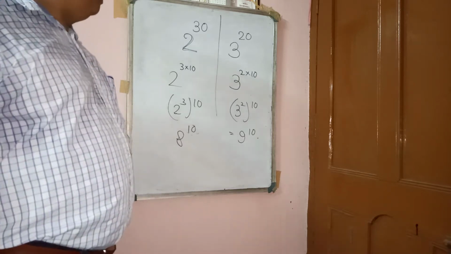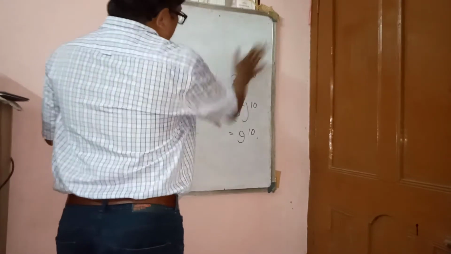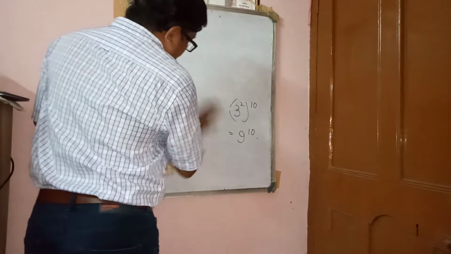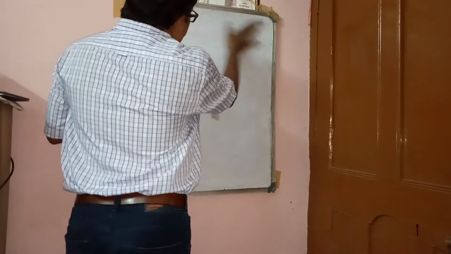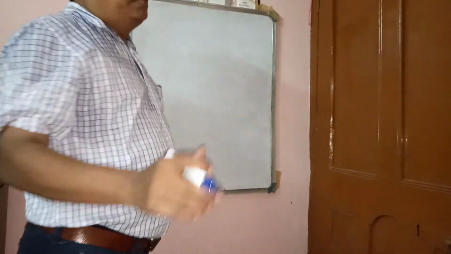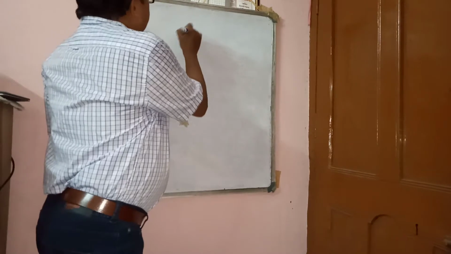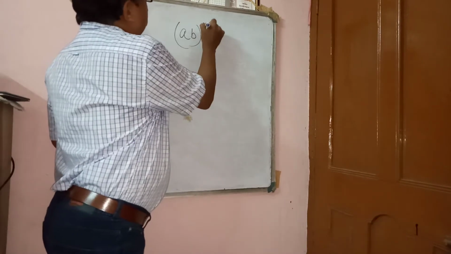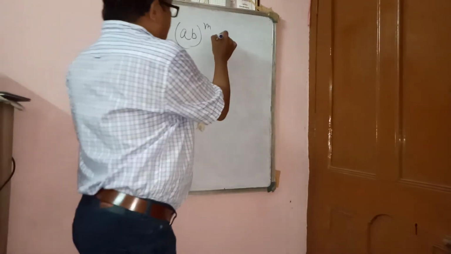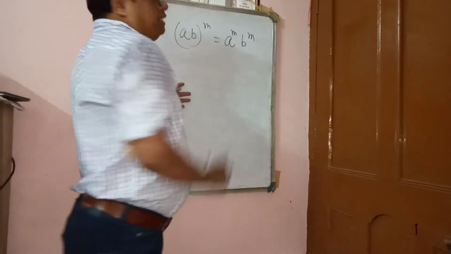Okay. Now, suppose, look here. Suppose I am writing ab whole to the power m. So it will be, always keep in mind, a to the power m into b to the power m.